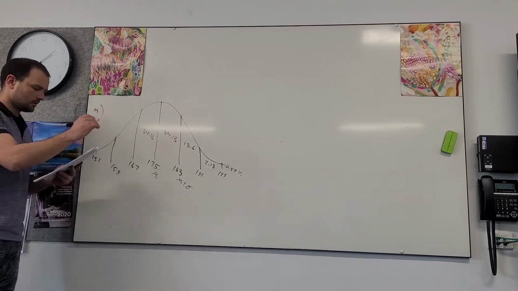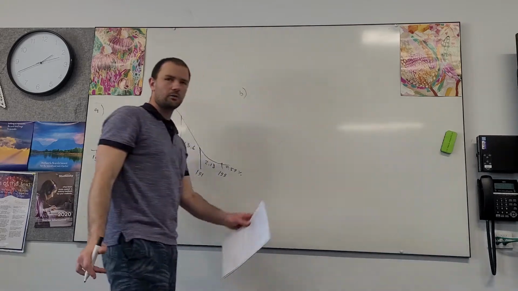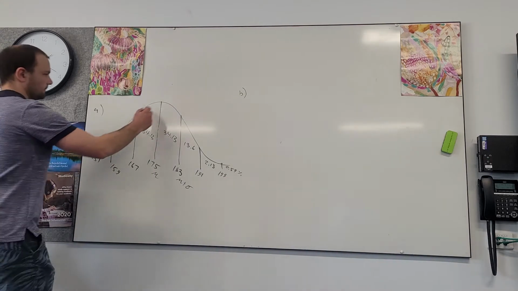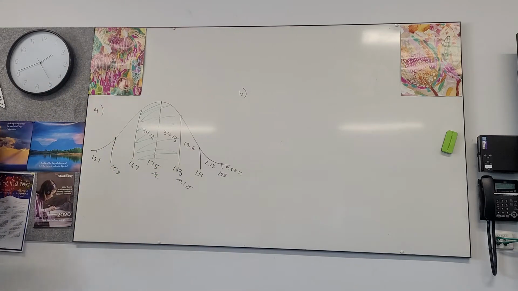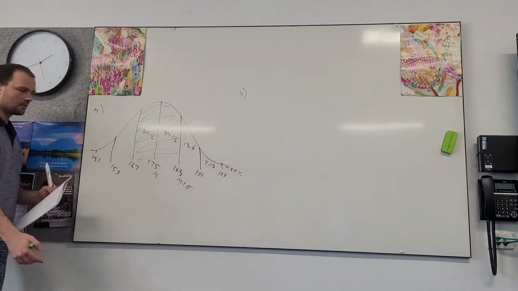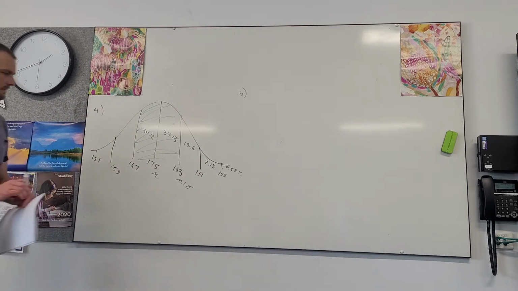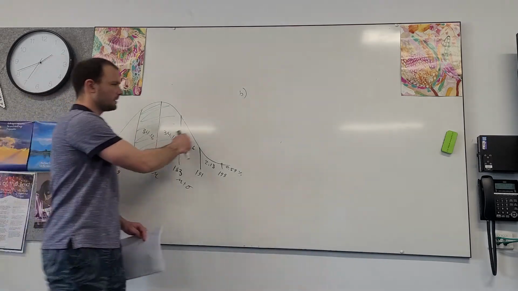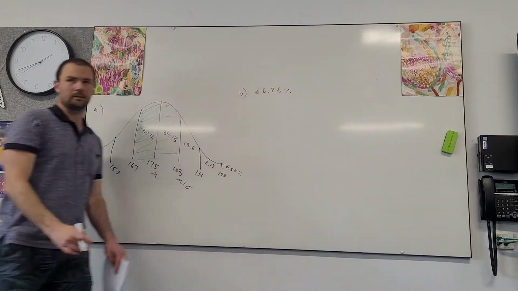Part B, determine the probability of a year 11 having a height between 167 and 183 centimetres. So that is this event here, isn't it? Between 167 and 183, so 1 standard deviation below, 1 standard deviation above. The probability of this occurring is 34.13% plus 34.13%, so we've got a 68.26% chance of that occurring.